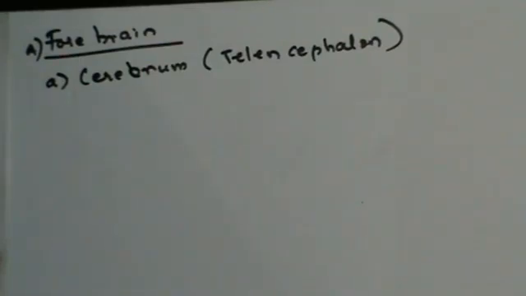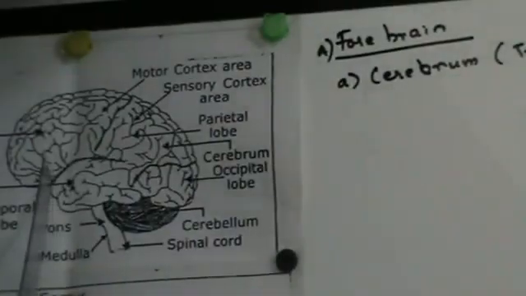Now there are three deep sulci which divide the cerebral hemispheres into four lobes, right? The three are the central sulcus, the lateral sulcus, and the parieto-occipital sulcus. So here you have the central sulcus, this is one of them.